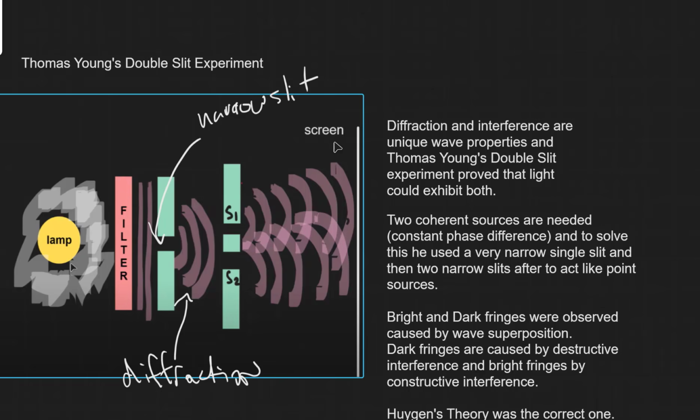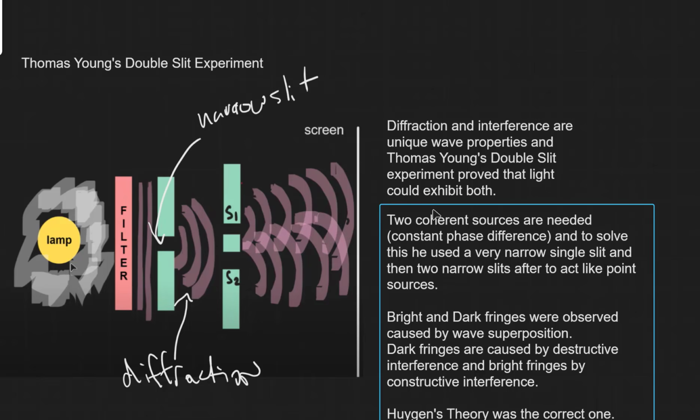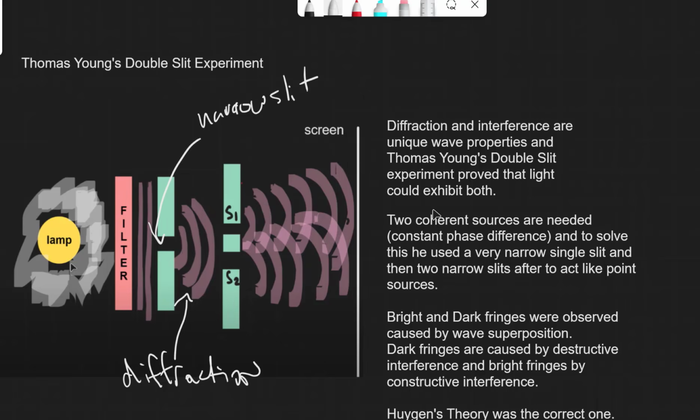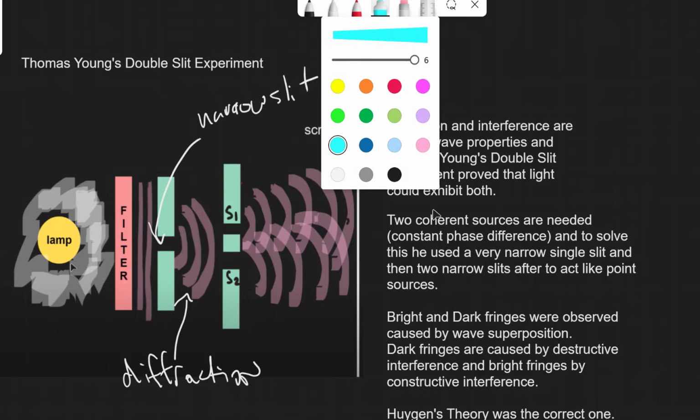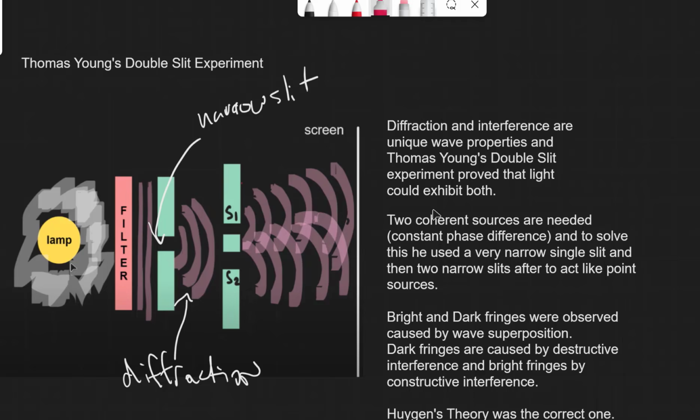As the light strikes the screen, what we actually observe, let's see if I can draw something, will be a series of bright and dark fringes. So whenever we have a bright fringe, we actually have constructive interference, and whenever we have a dark fringe, we have destructive interference.